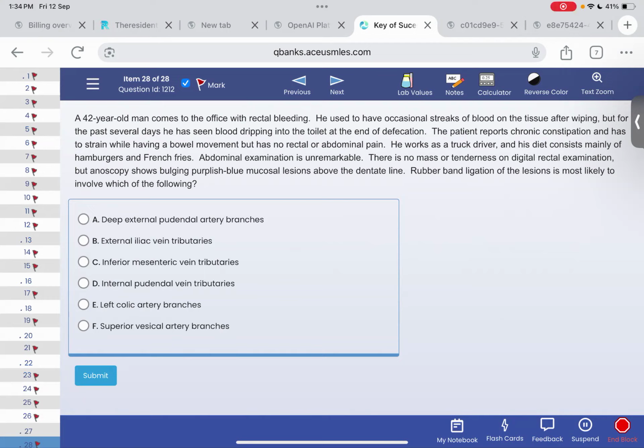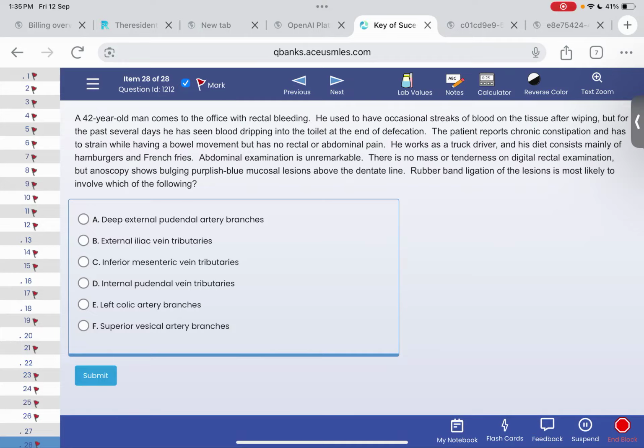Rubber band ligation of the lesion is most likely to involve which of the following? A 42-year-old man comes to the office with rectal bleeding. He used to have occasional streaks of blood on the tissue after wiping, but for the past several days he has seen blood dripping into the toilet at the end of defecation. The patient reports chronic constipation and has to strain while having a bowel movement but has no rectal or abdominal pain.